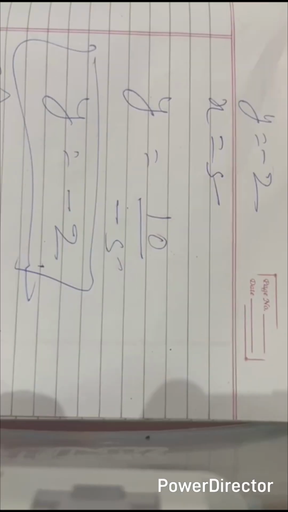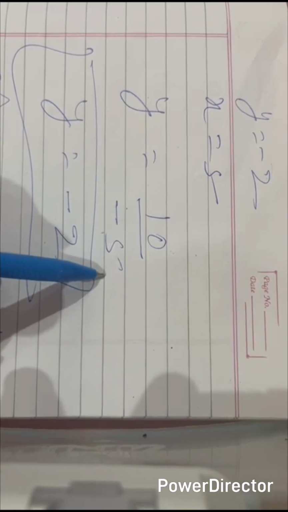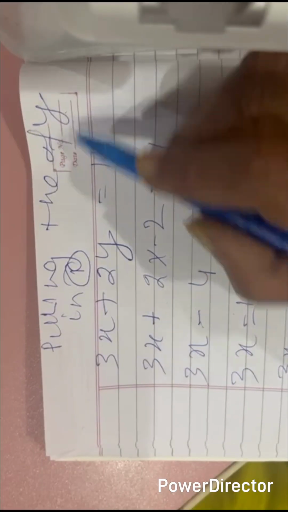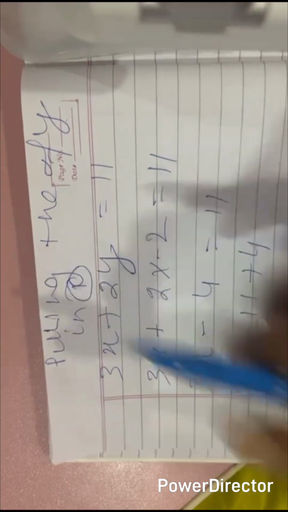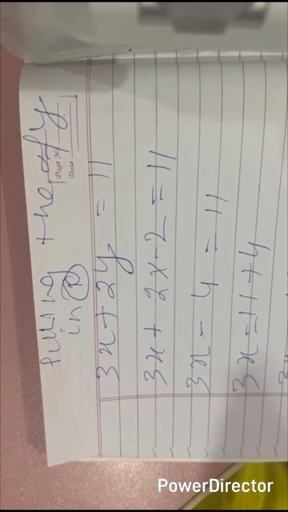Then y is equal to 10 upon minus 5. y is equal to minus 2. Now, putting the value of y in equation 1. We can put the value of y in equation 1 or 2. This depends on your choice.